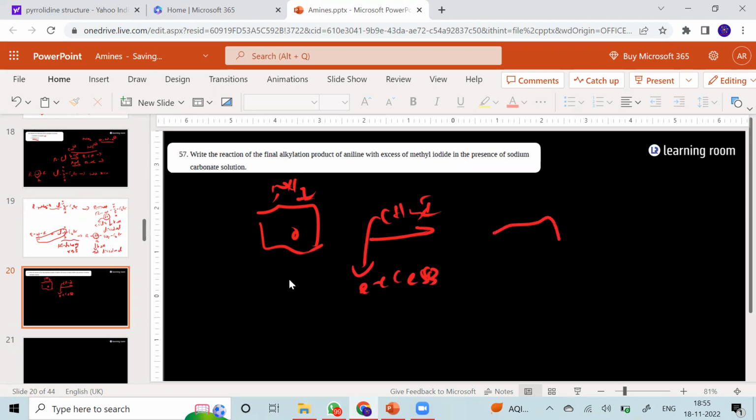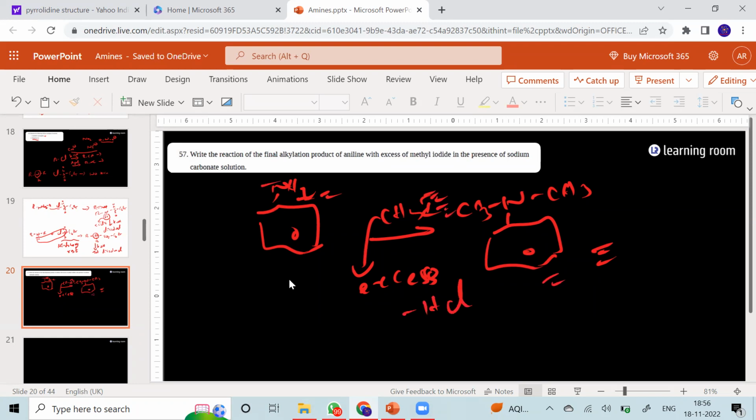Whatever hydrogen atoms you have, everything you will replace with CH3. N, CH3, CH3. This would be the final product. Basically you lose HI from this, and again one more time HI, so both sides methyl groups will come. That's very simple to understand. Minus 2HI.